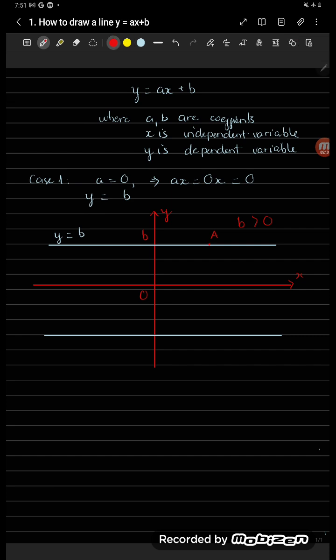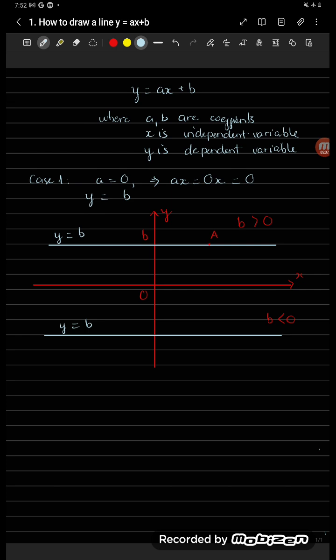In this case b is smaller than 0, or b is negative, and we have y equal to b. So whenever you see y equal to something, remember that line is always parallel with Ox and crosses the y coordinate at the number b.